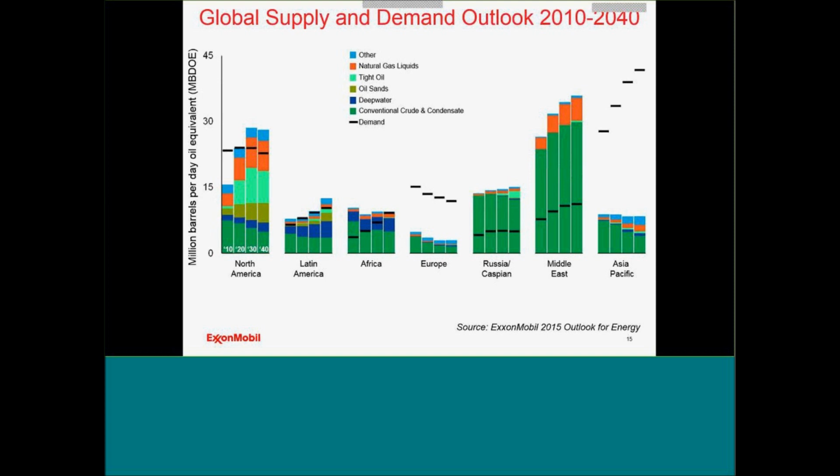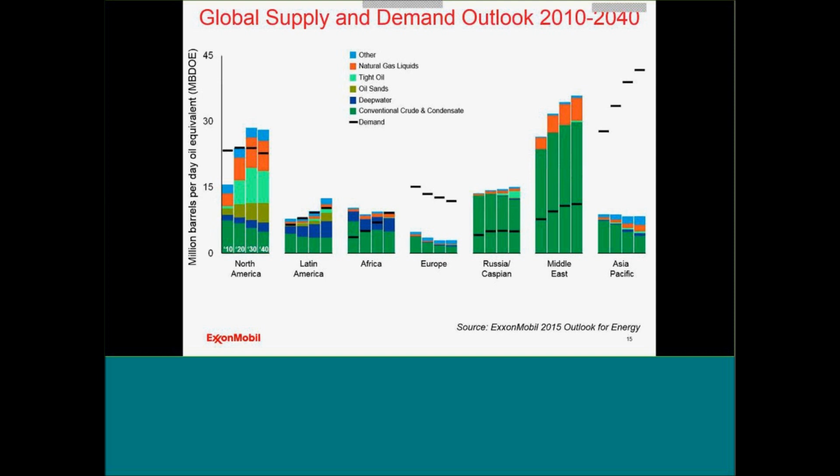So a few important messages to take away from this chart. First, the Middle East and the Russian Caspian regions remain the dominant exporters, while Europe and Asia Pacific are the primary importers, with growth in demand over the next 30 years really being driven by Asia.